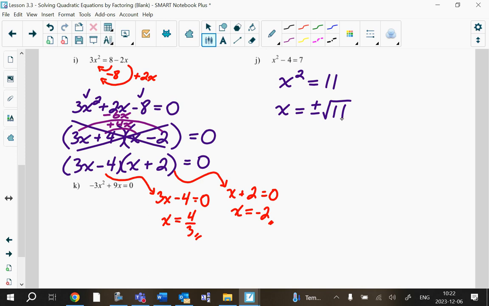Remember, we don't use our calculator. So we either leave it as a square root or we simplify it if there's a perfect square that goes into it. But there's no perfect square. So I'm done. Remember, no x term, do the plus minus square root thing.